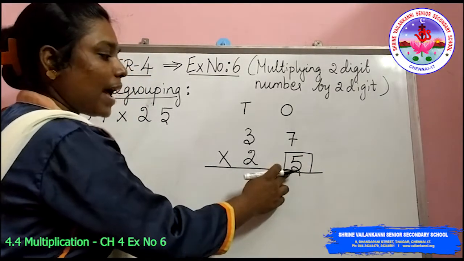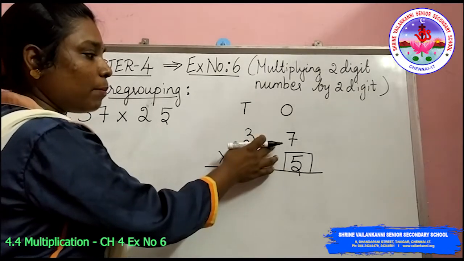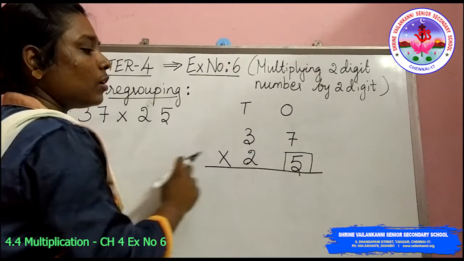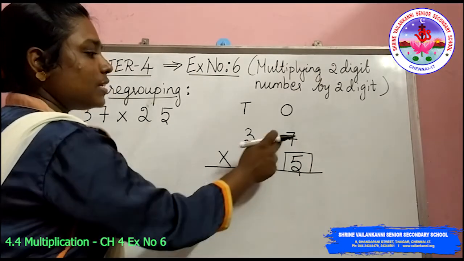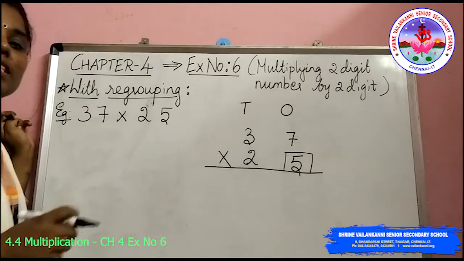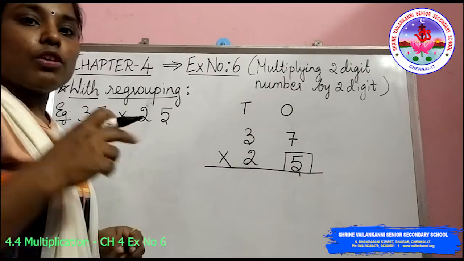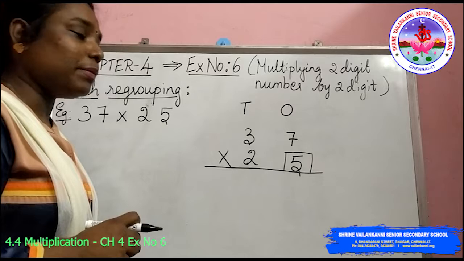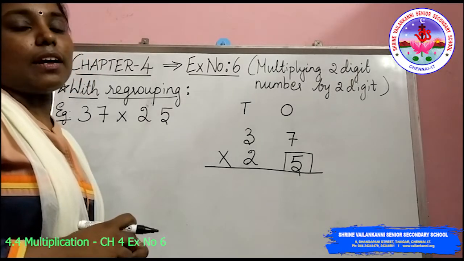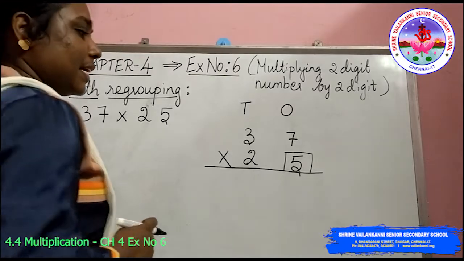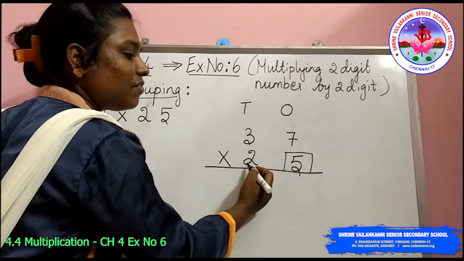This 5 has to be multiplied with the number above, the ones place value 7 and then the tens place value 3. So 5 into 7, that is 5 sevens are. What is the value you will get in the 5 table? Just tell me what 5 sevens are. 5 sevens are 35.